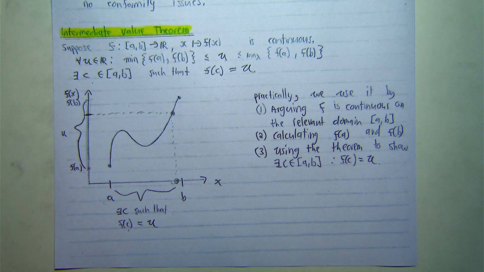So practically we can use the intermediate value theorem by arguing, one, f is continuous on the relevant domain a to b, two, here's what f(a) and f(b) are, and then three, using the theorem we know that there exists some c in between a and b where f(c) is equal to u. Most commonly this is used to prove the existence of solutions.